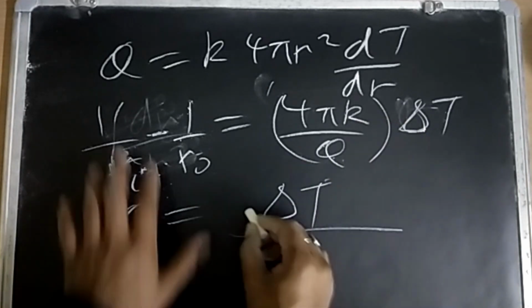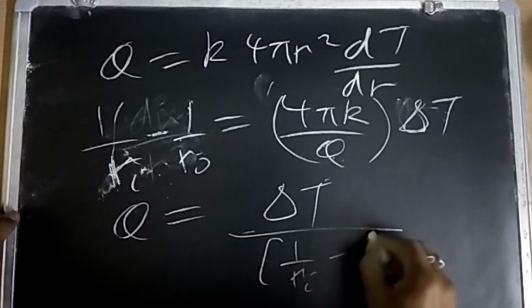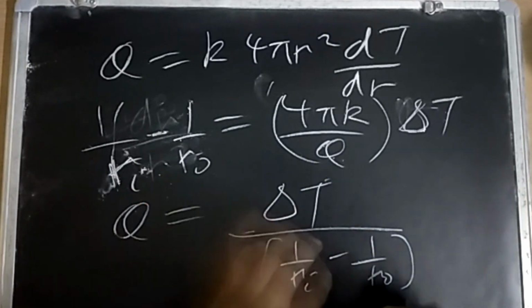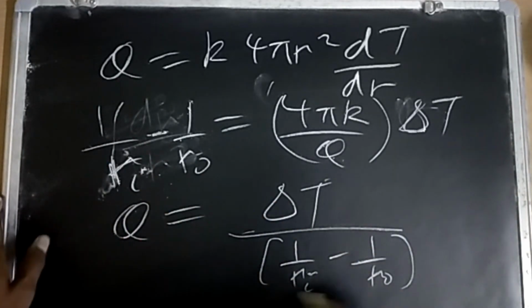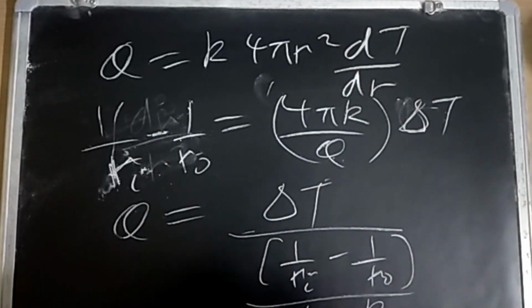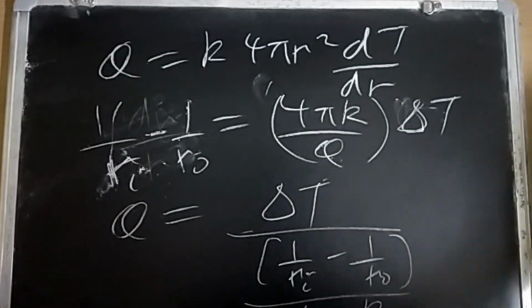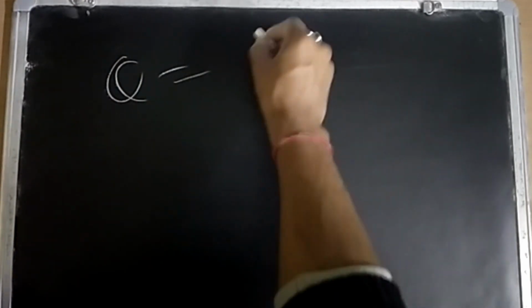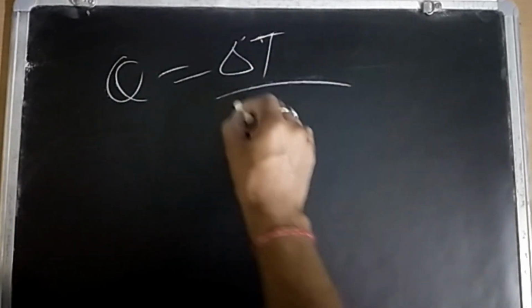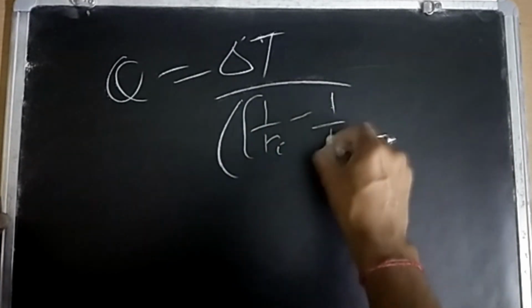If I take this like this, 1 upon ri minus 1 upon ro, so you can actually even get this in a few seconds. And from above we take this down, 4 pi k. So this is how you can do this. Finally this pair is delta t upon (1 upon ri minus 1 upon ro).